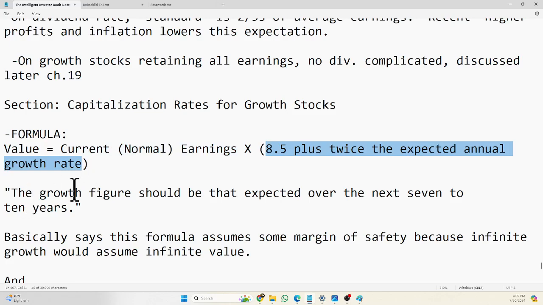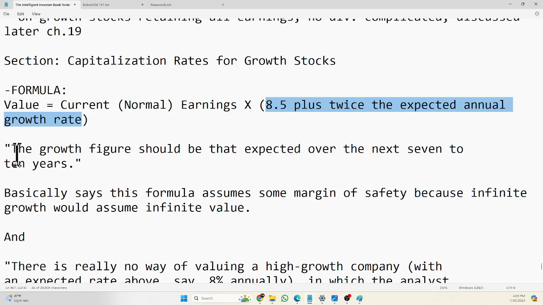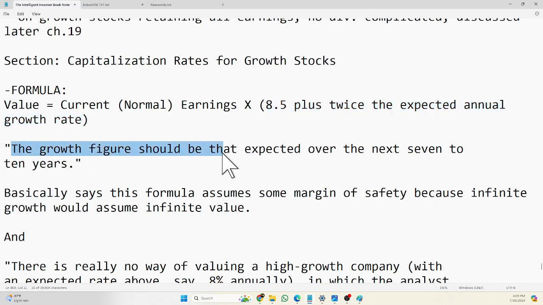And we have a chart that basically shows that. And we have a quote here: the growth figure should be that expected over the next 7 to 10 years. So every year for the next 7 to 10 years, what is the expected annual growth rate? And I think this does include inflation, by the way, which obviously will play into this.